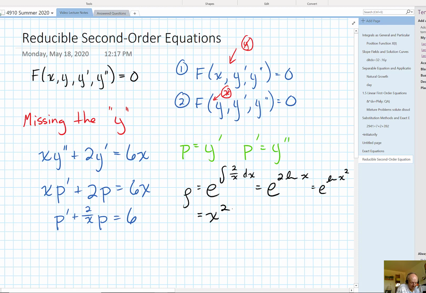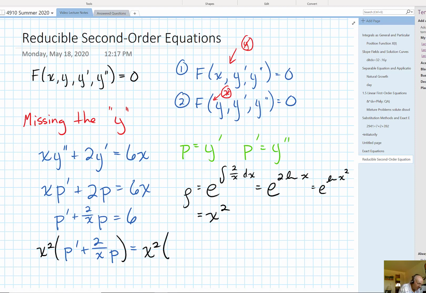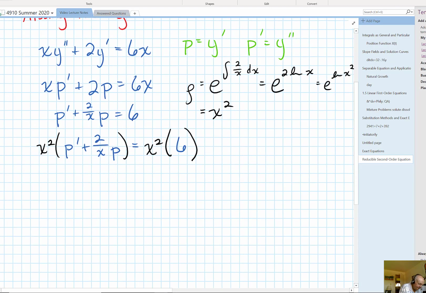So that's our integrating factor. If we hit both sides of this with the integrating factor, then we should be able to solve this moving forward.